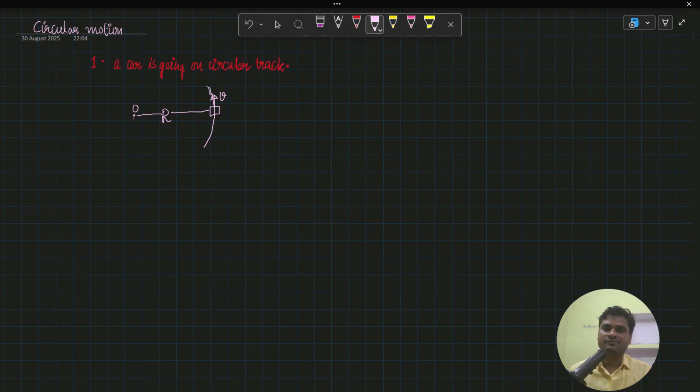That's why its velocity will be different all the time, but speed will be the same because this is a uniform circular motion. The car is moving on this circular track uniformly.